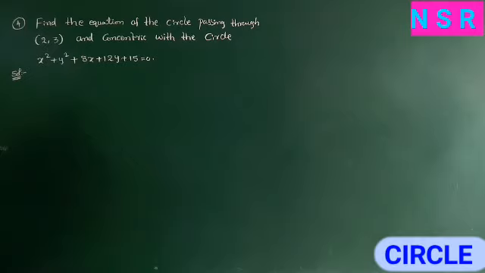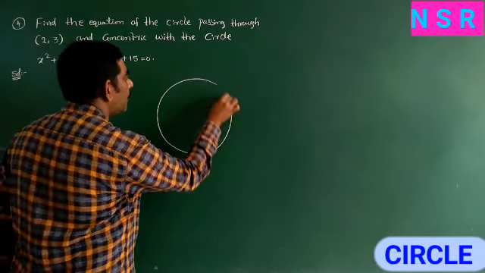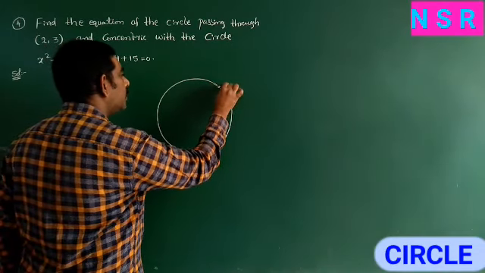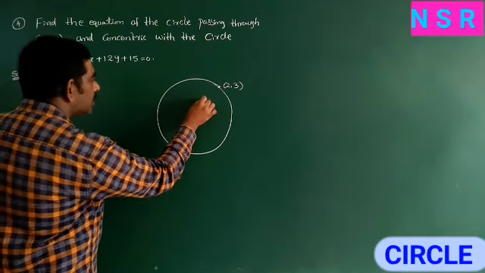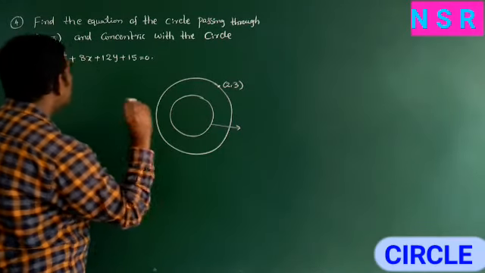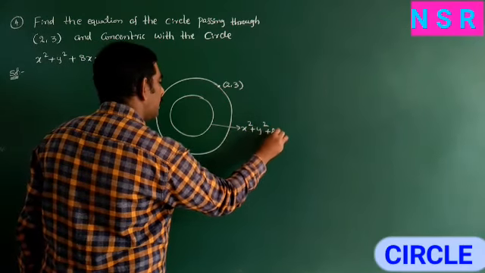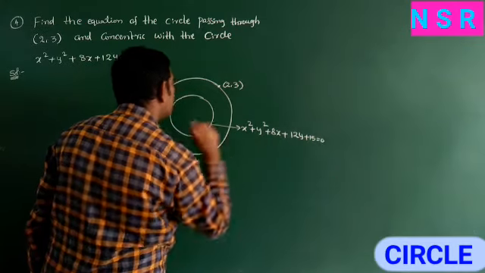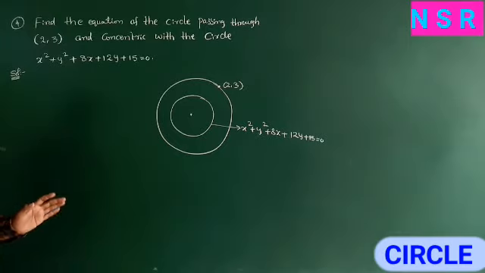So here, find the equation of the circle which is passing through (2, 3) and concentric with another circle. Here the given circle equation is x square plus y square plus 8x plus 12y plus 15 equal to 0. So the center is the same.